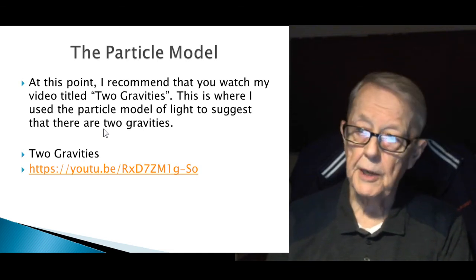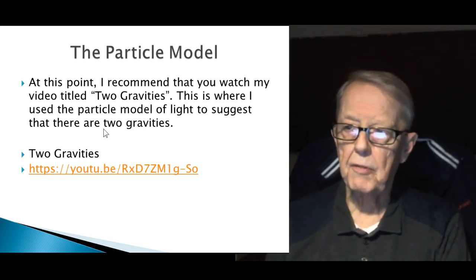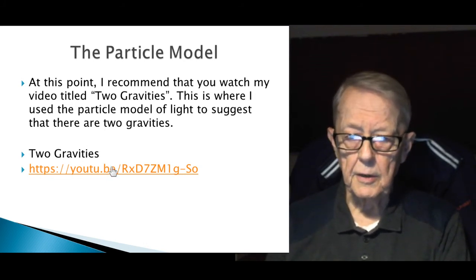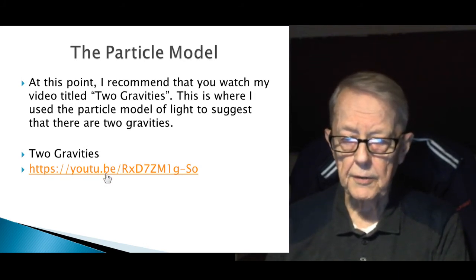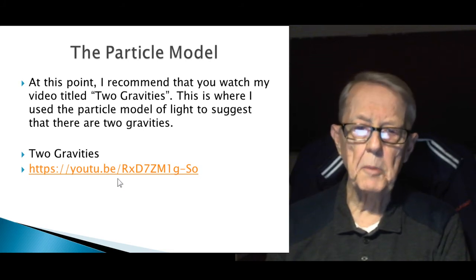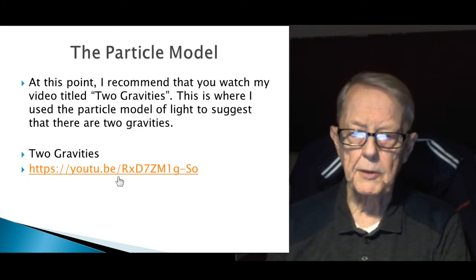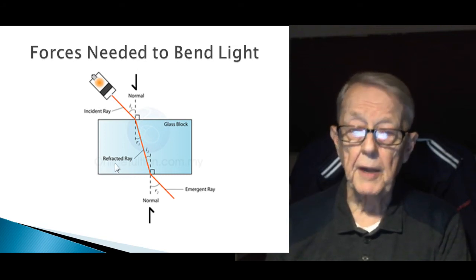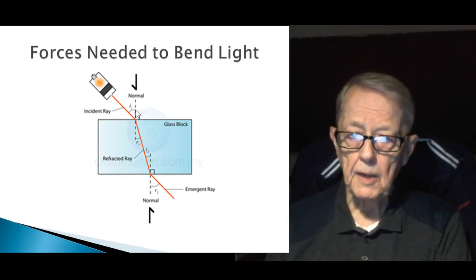Now I'm going to use the second gravity to explain how it refracts. It almost seems circular in logic, but you can view this YouTube video that I made, going to that particular link.